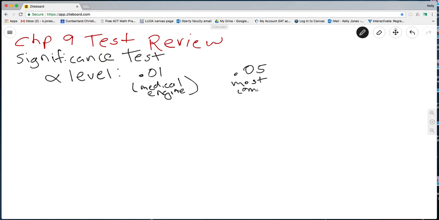So if I don't tell you, we're going to assume it is 0.05. And then we have 10%. And this is more for surveys where it doesn't really matter if you're wrong or not. So maybe like food preferences, different things like that, where it doesn't really matter if we're a little bit off or not.